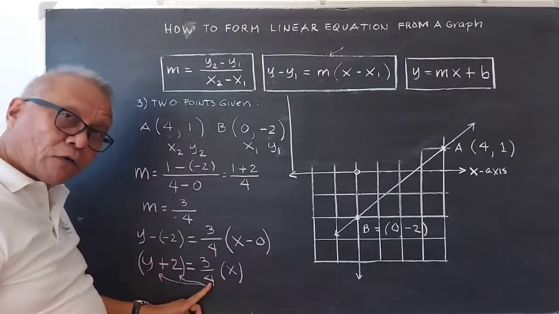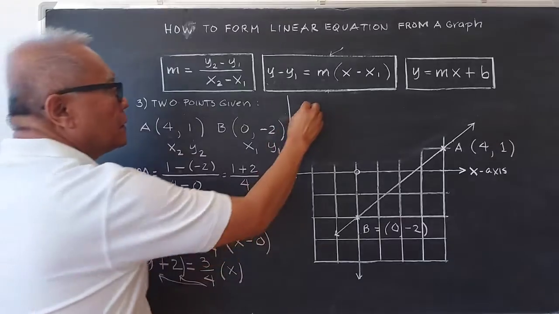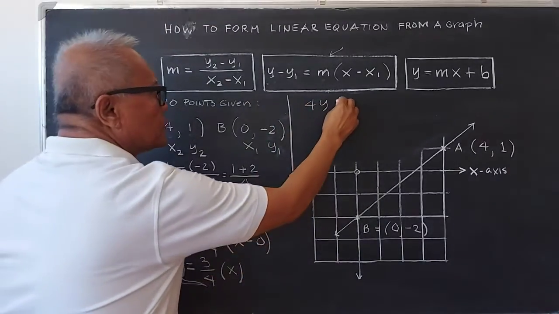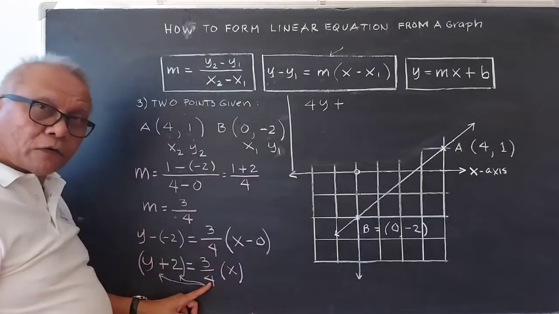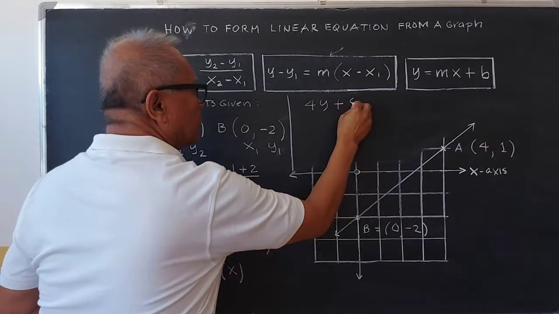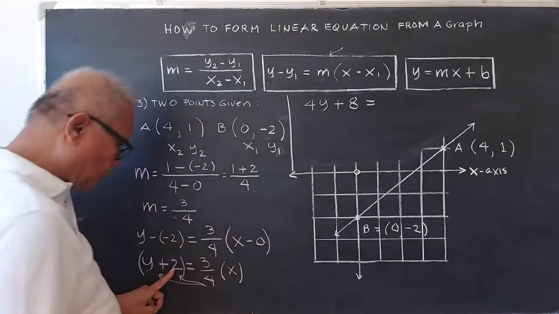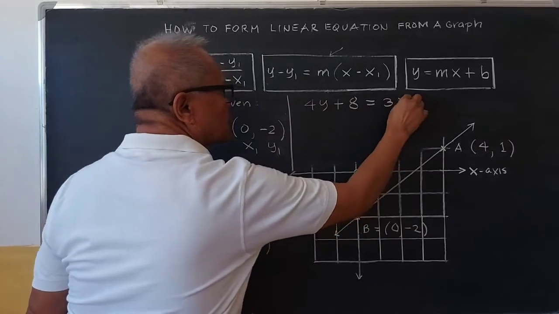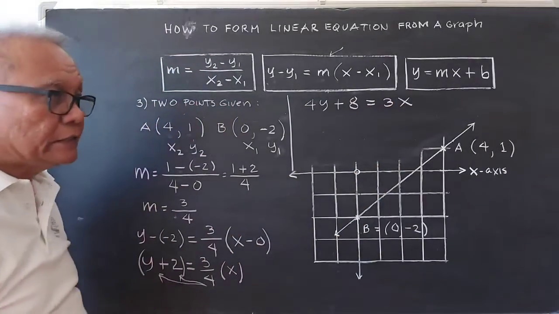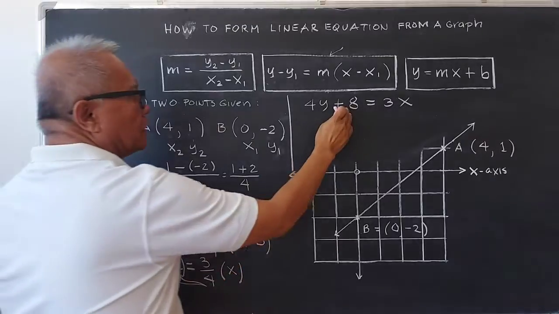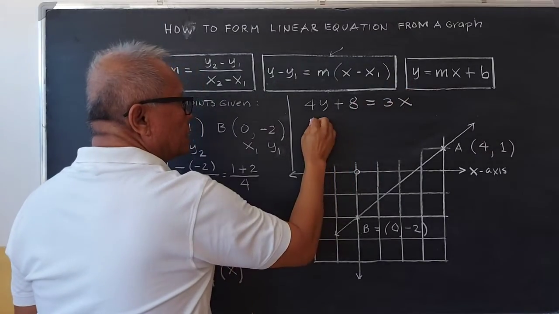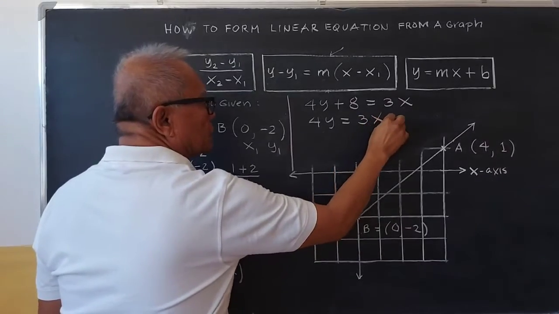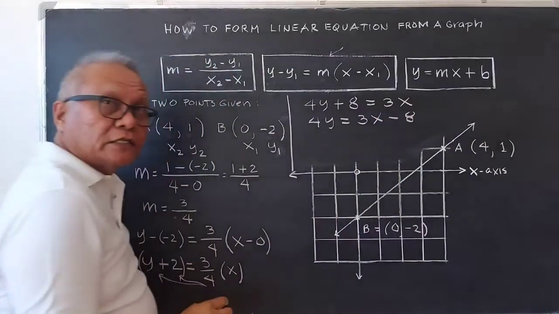Okay, let's multiply 4 times y here is 4y. This one is plus. 4 times 2 is 8 is equal to 3 times x is simply 3x. To write that one in the slope-intercept form, we will transpose 8 to the other side. So 4y is equal to 3x minus 8.